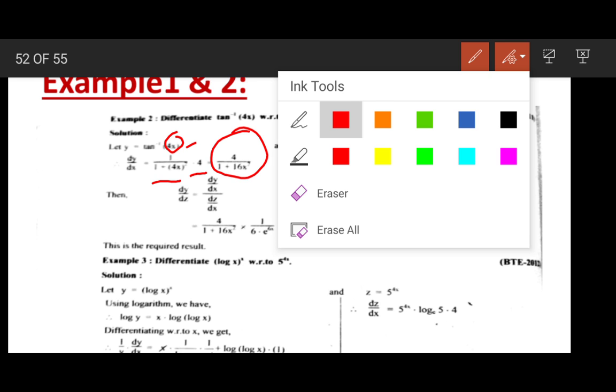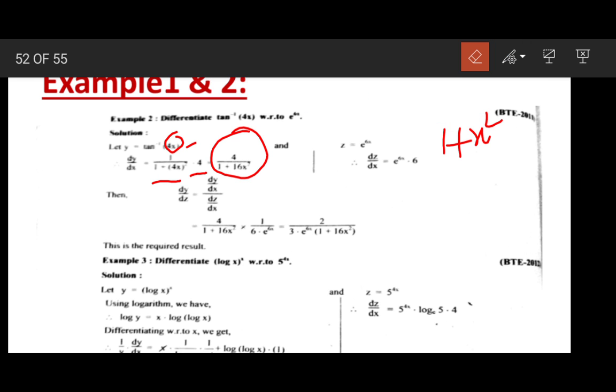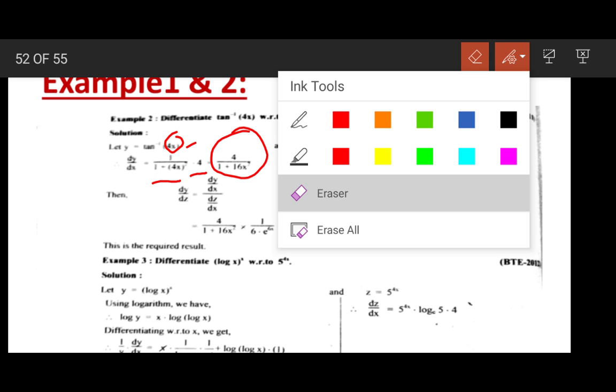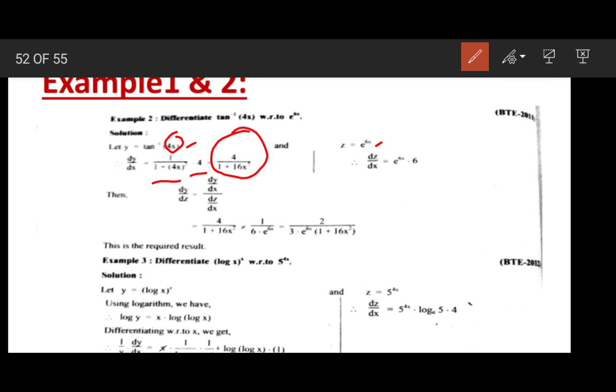Now z is e raised to 6x. Now we are going to differentiate this z with respect to x. So dz upon dx will be e raised to 6x into derivative of 6x, so 6.